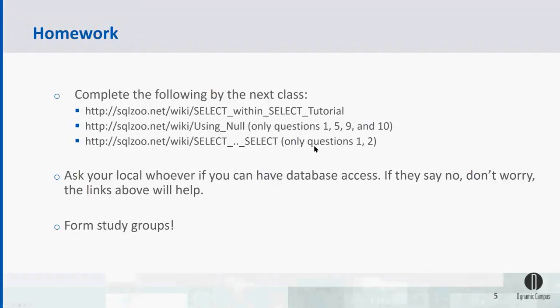And I want you to also do this one here, this using NULL. The select within select and select from select: these are about querying other queries. So far we've only been querying tables. If you want to take a look at this, please do. You are always welcome to skip ahead and ask questions. But this select within select stuff, I'm going to cover at the top of the class on Wednesday, August 3rd.